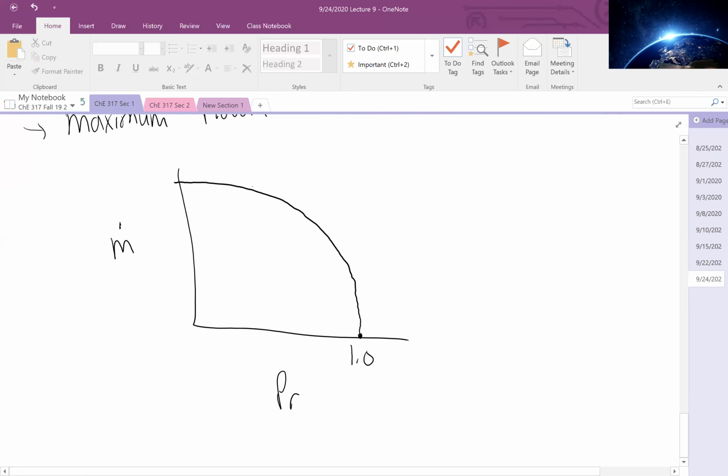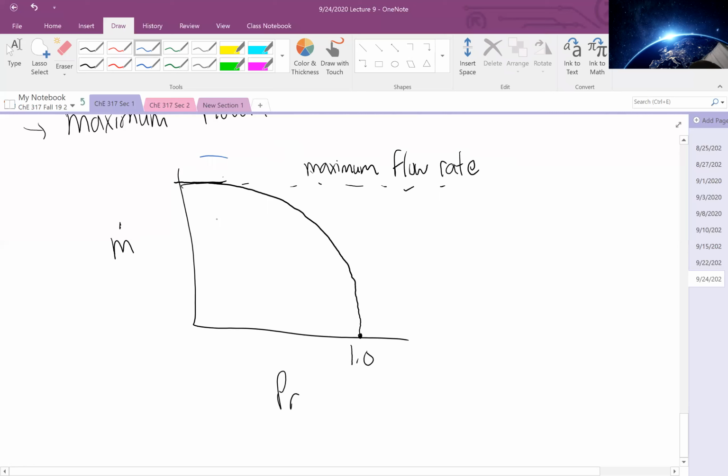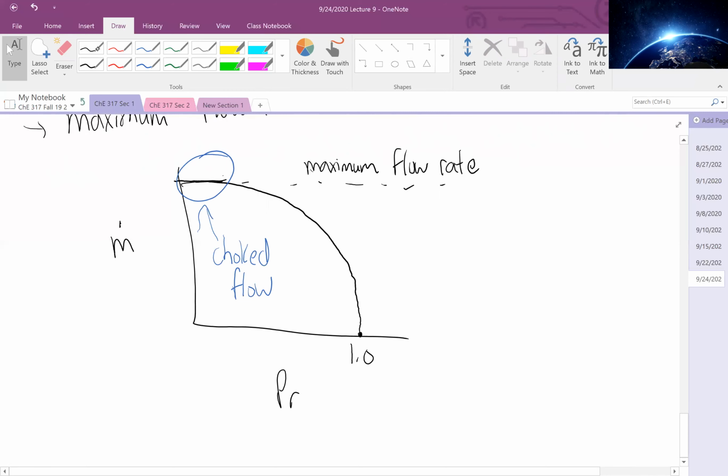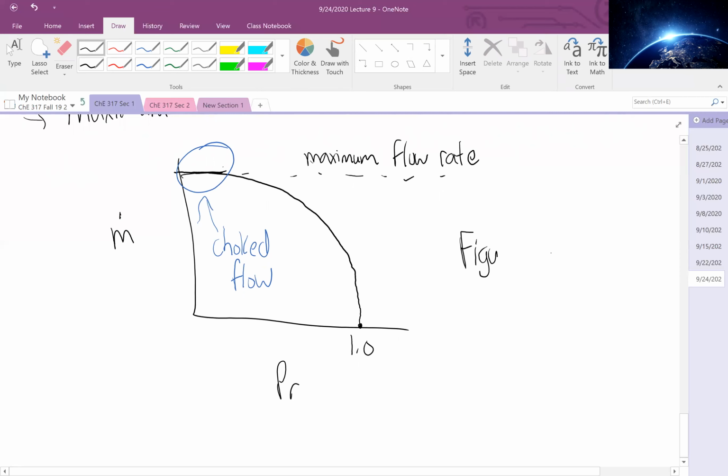We would find that the curve behaves like this, where we would have a maximum flow rate here, and this section here would be considered choked flow. And this was figure 6.3, your book on page 141.